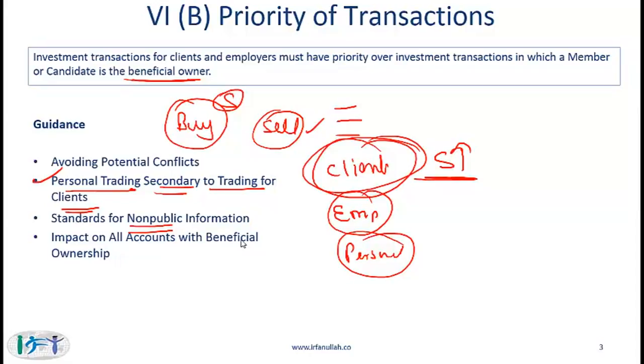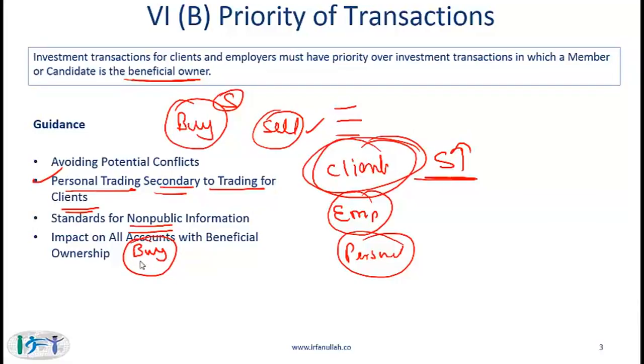Impact on all accounts with beneficial ownership. You may undertake transactions in accounts for which you are a beneficial owner only after your clients and your employer has had an adequate opportunity to act on the recommendation. So I'll make this simple. You are, let's say, working as an investment manager, and very recently your group has made a buy recommendation on a particular investment.